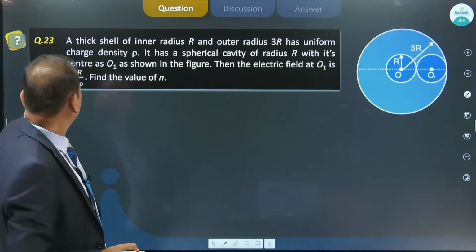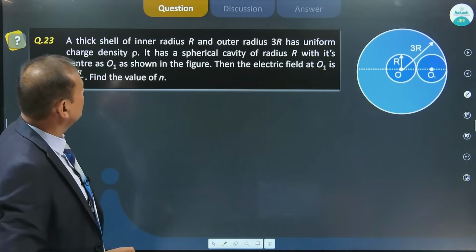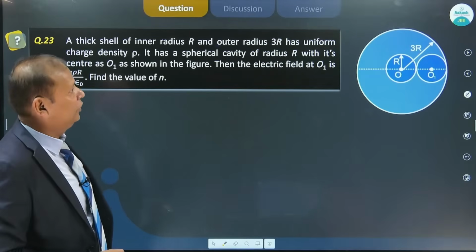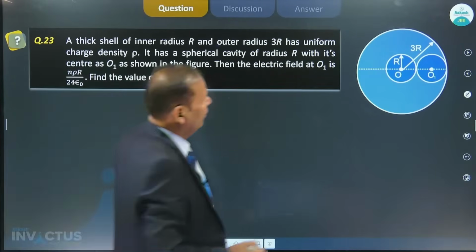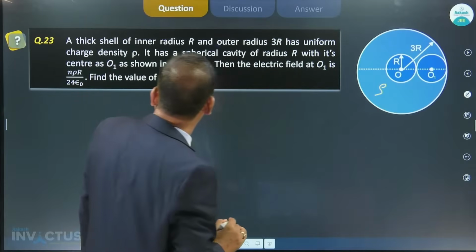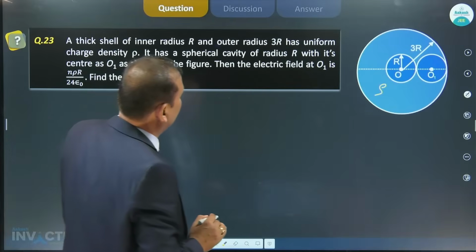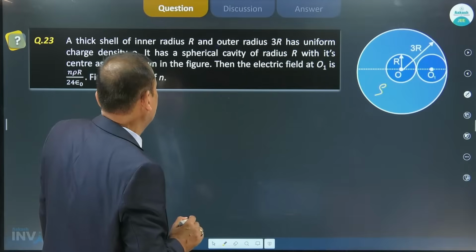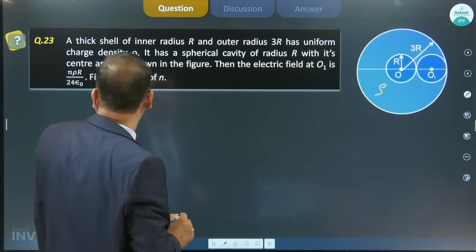This is the next question. A thick shell of inner radius R and outer radius 3R has uniform charge density rho. It has a spherical cavity of radius R. Its center is O1. Then the electric field at O1 is.